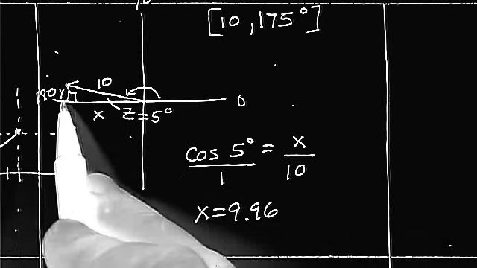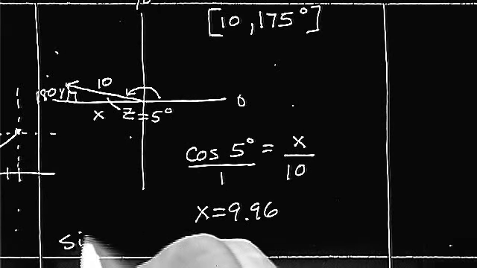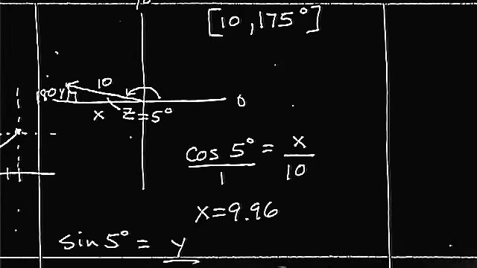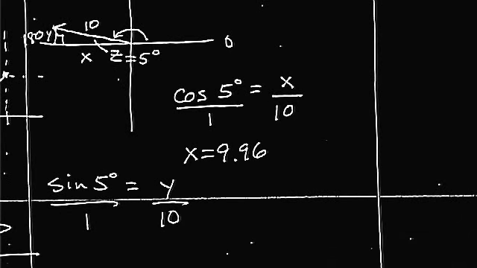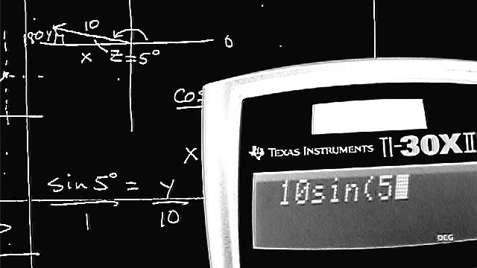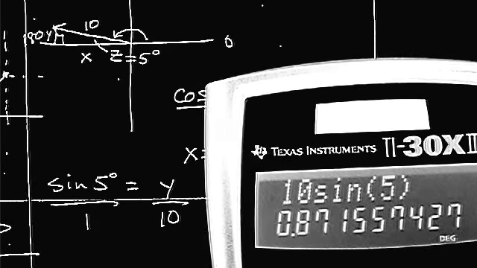Then we can also use the sine, right? Opposite over hypotenuse. The sine of 5 degrees equals the opposite over the hypotenuse. And of course, that's a proportion. We can also solve that. And when we do that, 10 sine 5, we get 0.87.